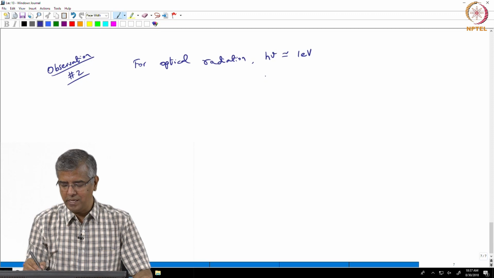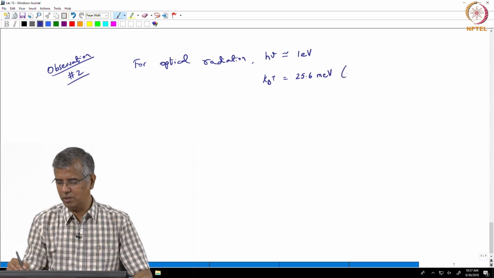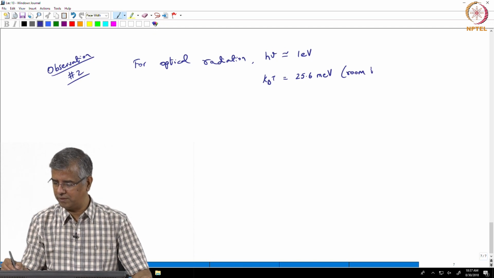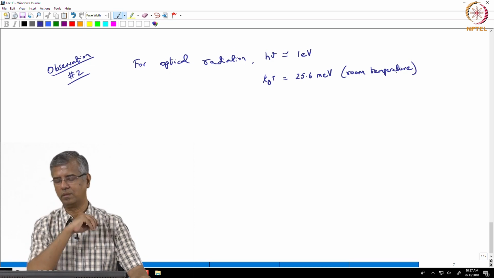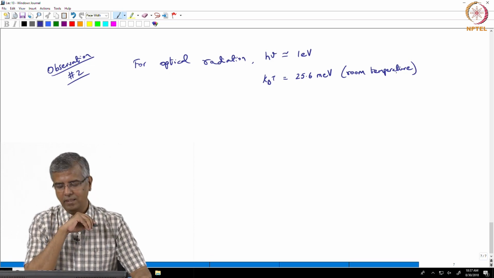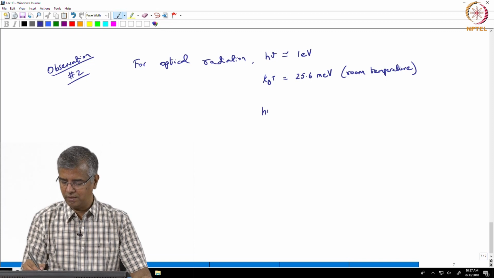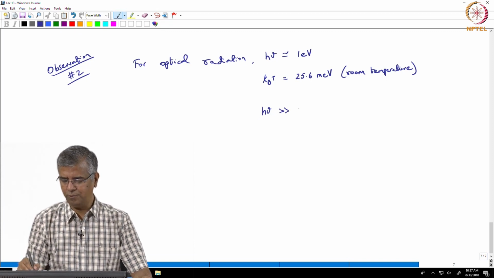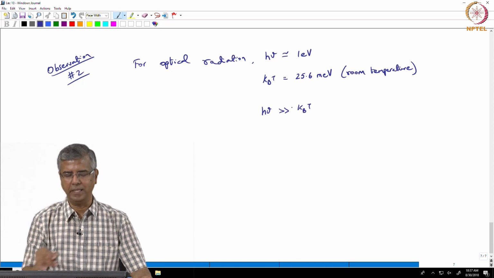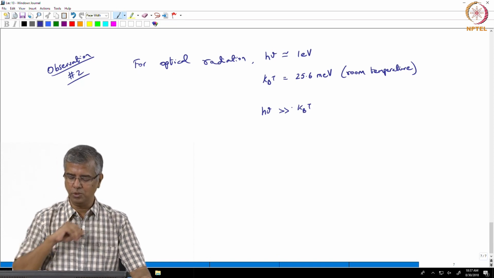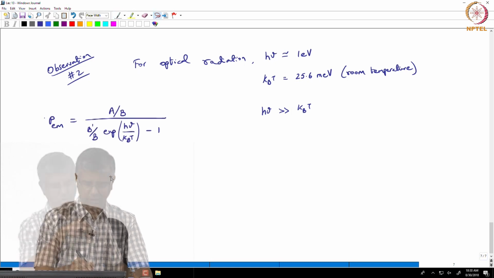But what is the thermal energy? KBT is 25.6 milli electron volt at room temperature. Right. So what we see is h nu is far greater than KBT.